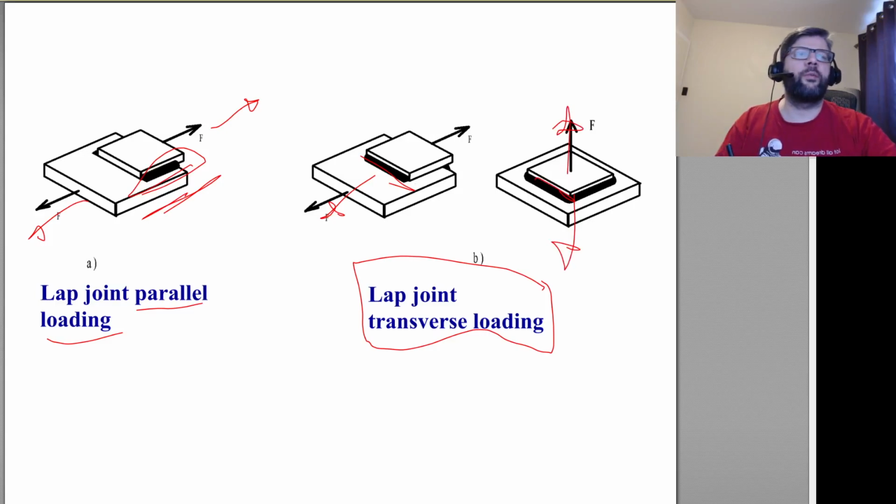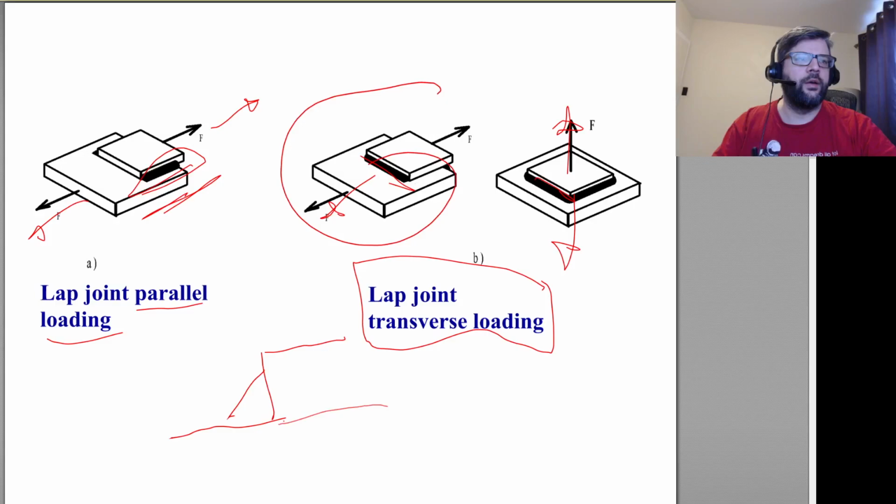From the perspective of the weld itself, those things both basically look the same. Because if you look at the cross section of the weld, if we look at something like this one here, if we're pulling this way and we're holding this, then from the perspective of the weld, we've got one face that's being pulled this way, and another face that's being pulled this way.